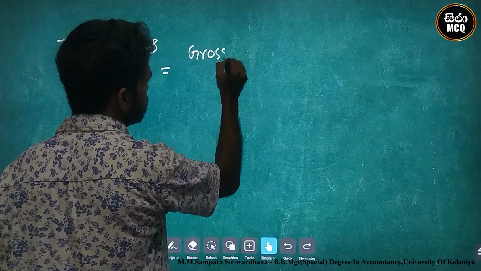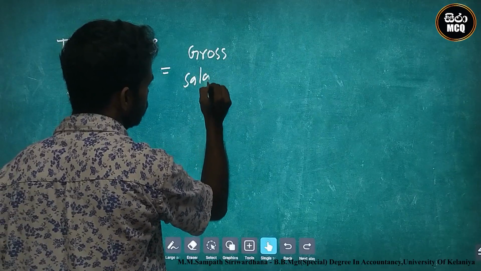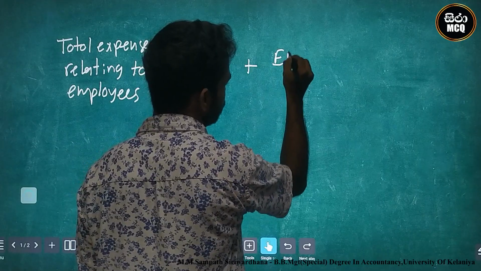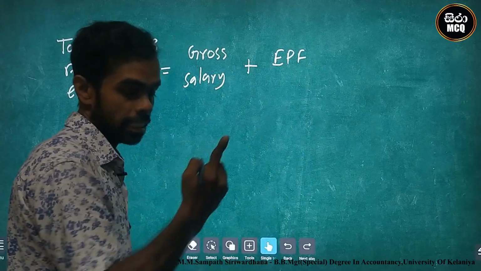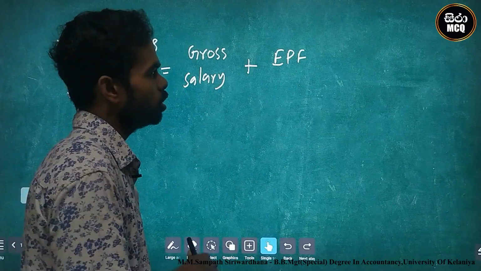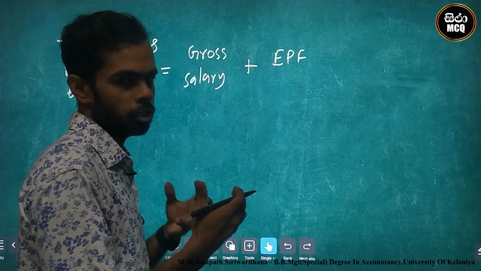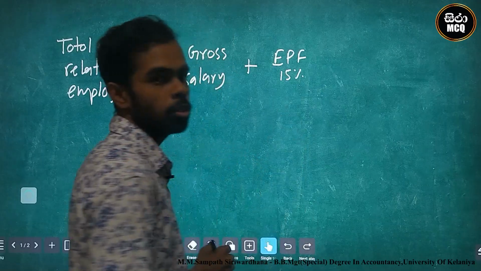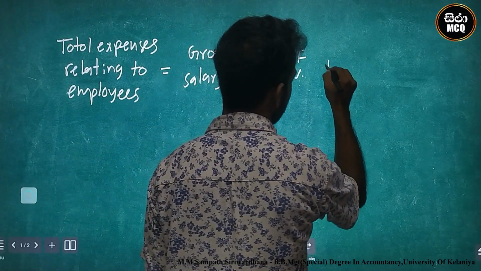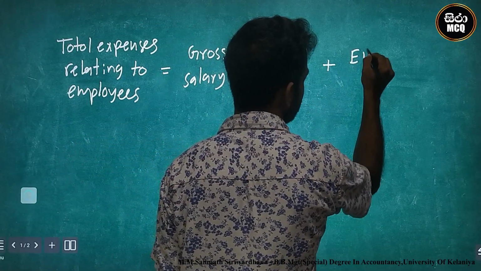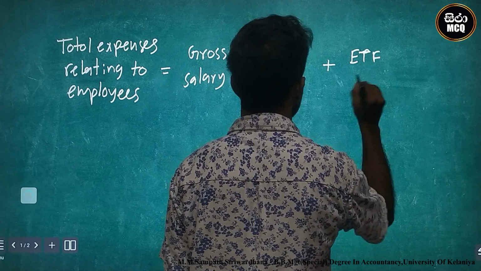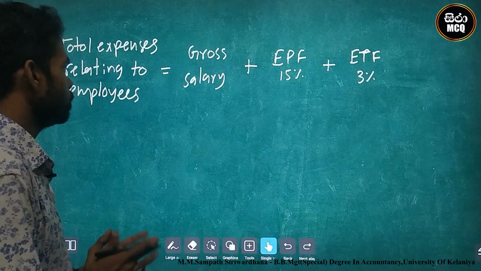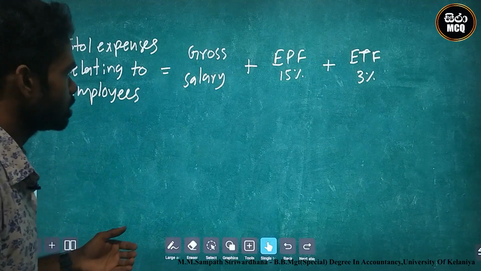Gross salary plus EPF employer contribution, which is 15%, plus ETF 3%. This is the total employee expense.